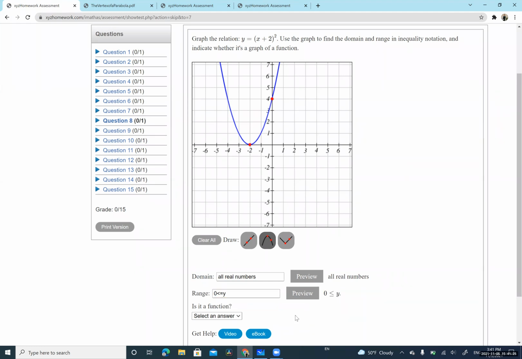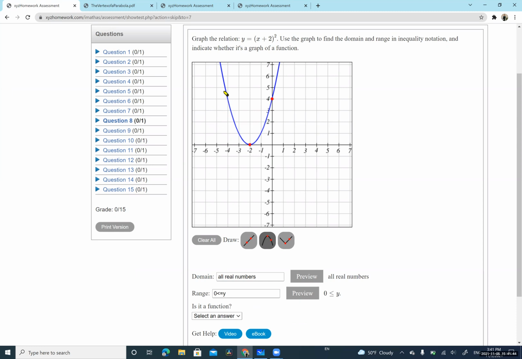Now the last question: is this a function? To check if a graph is a function or not, use the vertical line test. I hope you already read that from the book.